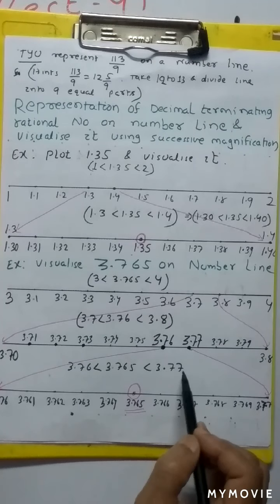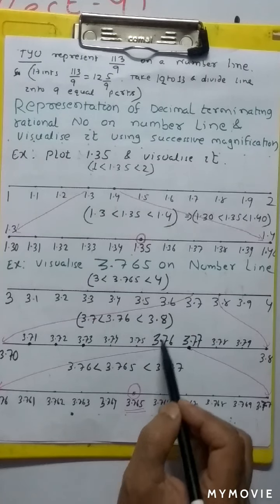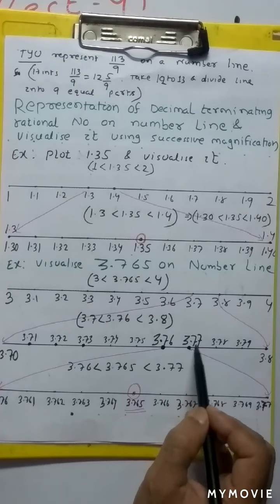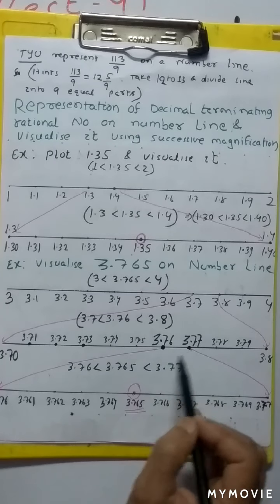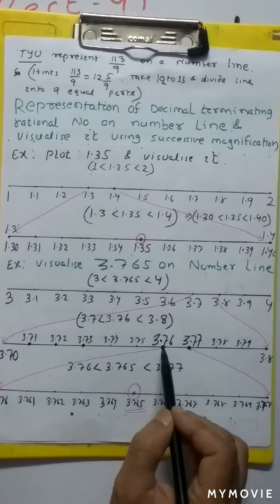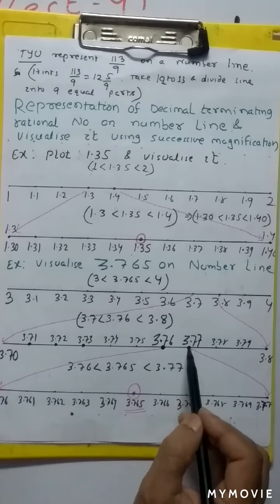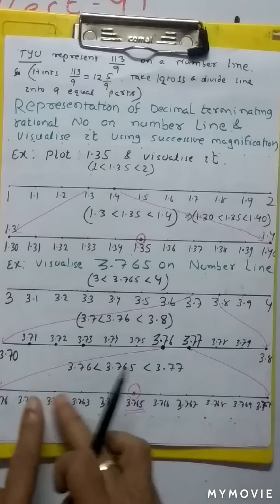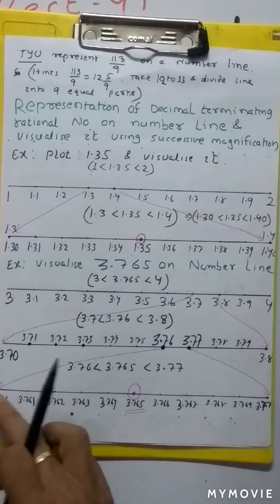3.76 to 3.77. So now zoom this figure from 3.76 to 3.77. Take the magnification by using a microscope. So this is 3.76, this is 3.77, extend this line. So it is a bigger line.